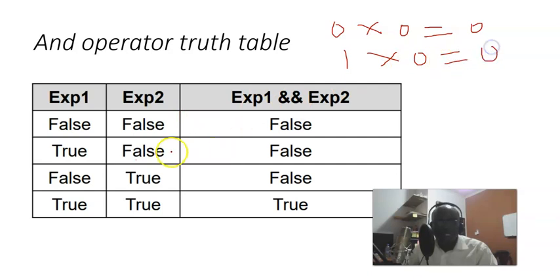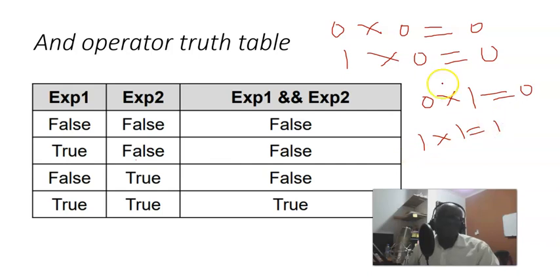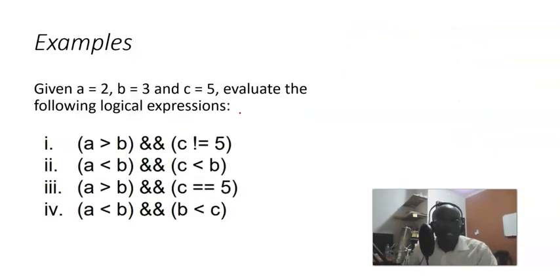It is 0, and that is why here true and false gives false. Suppose it's 0 times 1, meaning false and true. Still the same, it will be 0. But suppose it is true and true, the end result will be true. So you can see the AND operator is an equivalent of the multiplication operator.